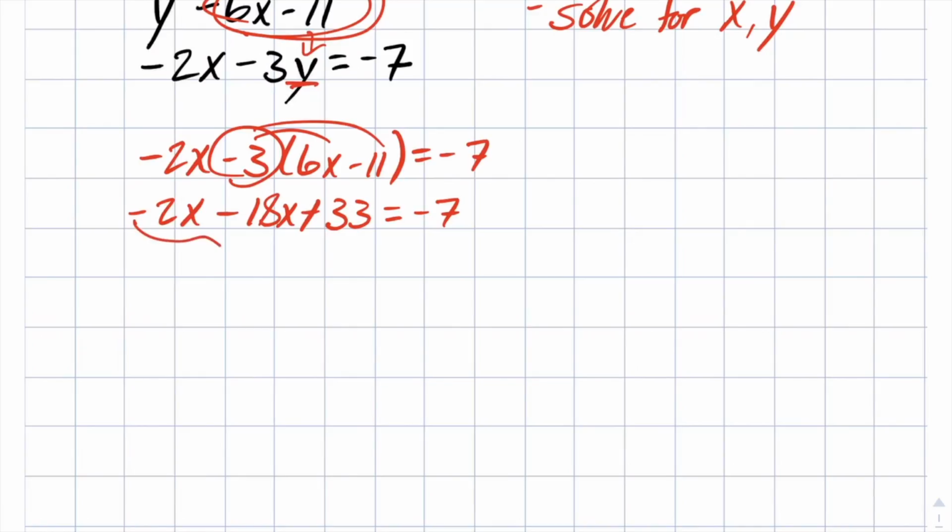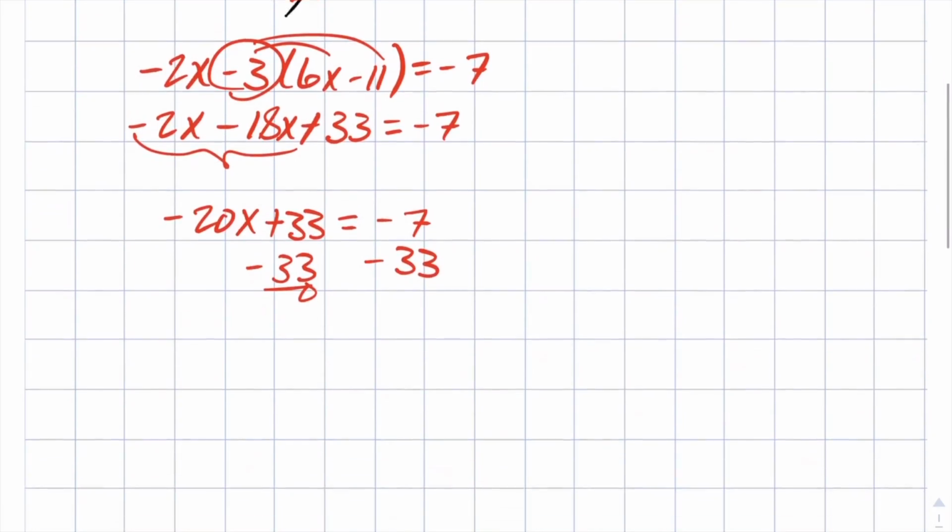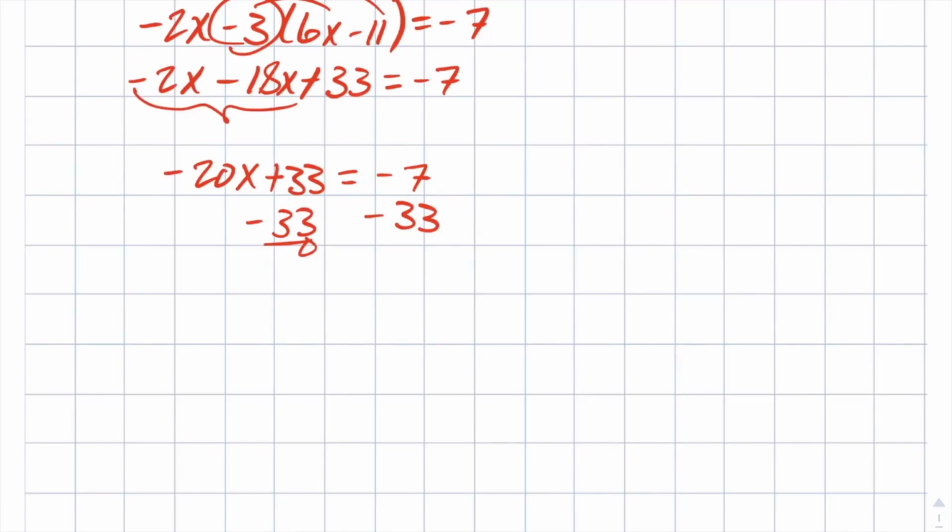We're going to combine the x terms: negative 2x minus 18x is negative 20x, plus 33 equals negative 7. Subtract 33 from both sides, and you're going to get negative 20x equals negative 40.